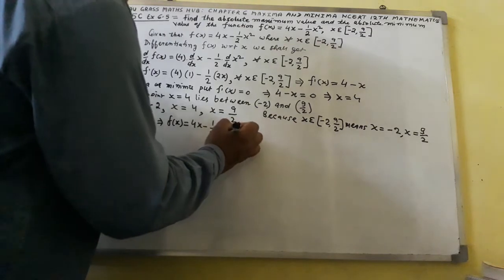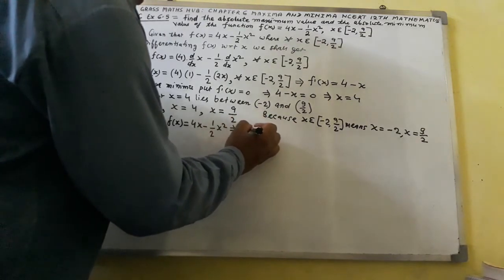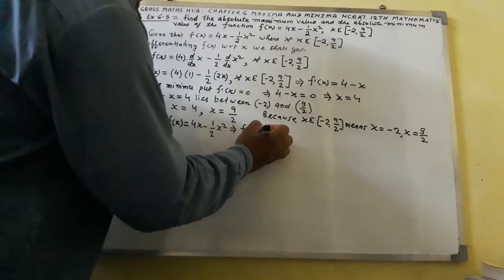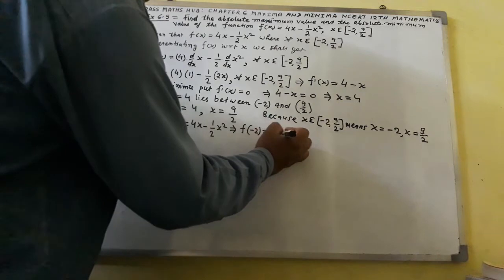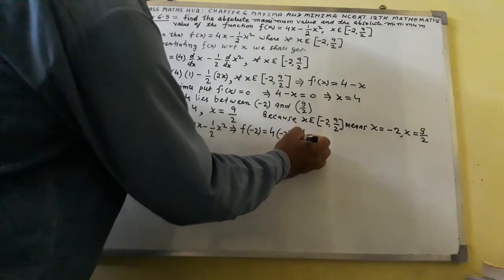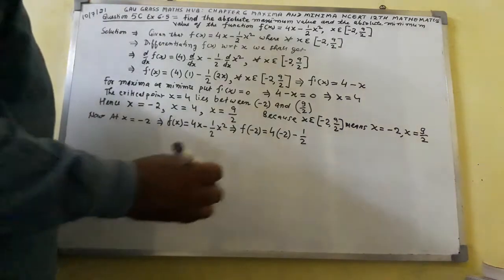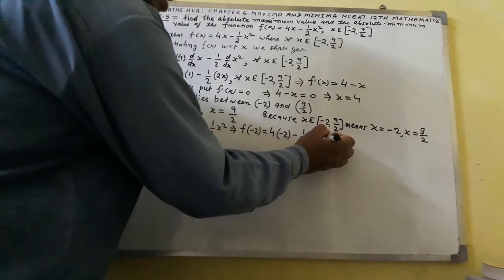Again I shall write, implied that f of minus 2 equal to 4 in bracket I shall write minus 2, minus 1/2, in place of x I shall write minus 2 whole square.